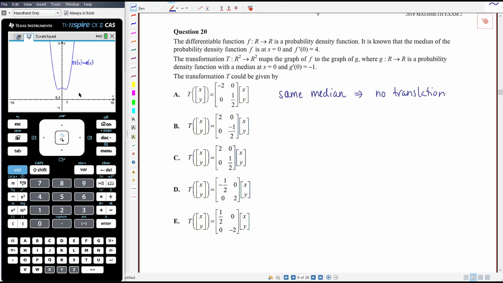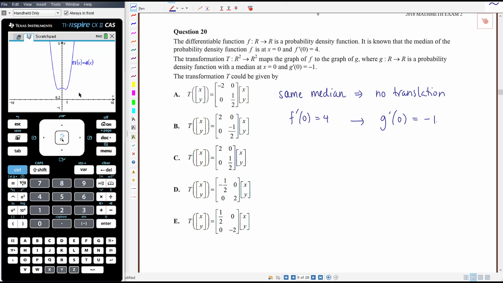All there is are dilations from the x and y axis. So we're mapping from f to g, so the gradient of f at 0 is 4, and then the gradient of g at 0 is -1. Regardless of the size, we'll think about that in a minute because that's to do with the dilations, the size of the gradient is changing.